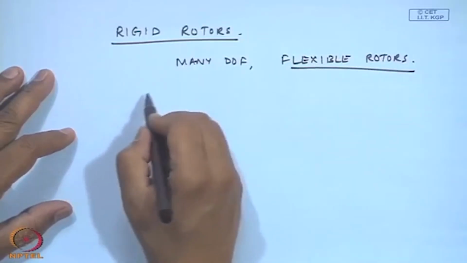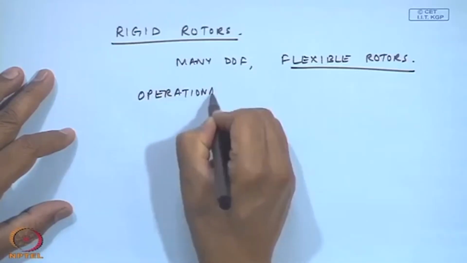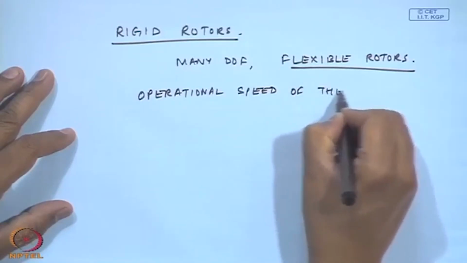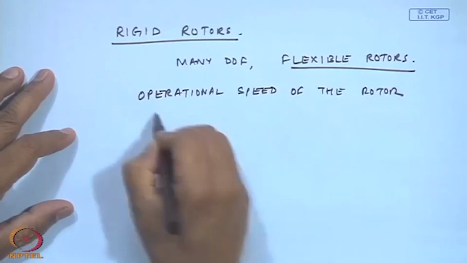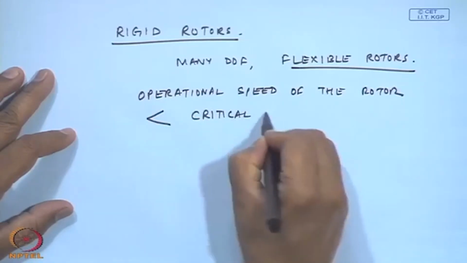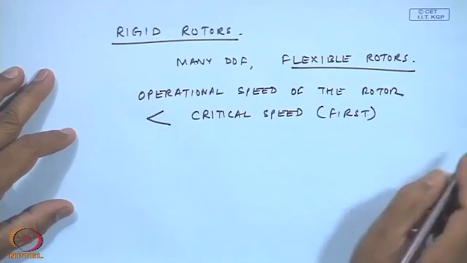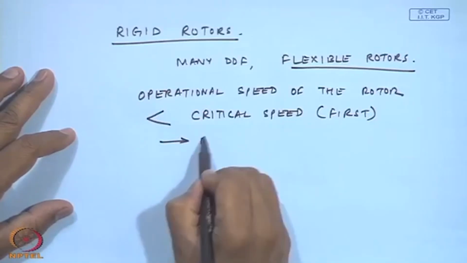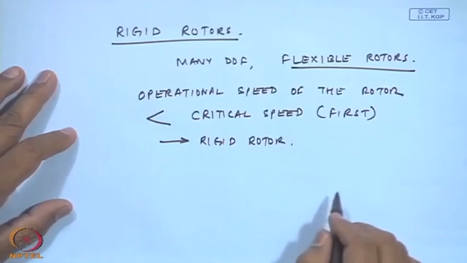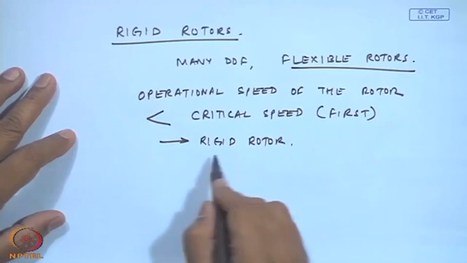But as long as the operational speed of the rotor is less than the critical speed, to begin with the first critical speed, I can consider it to be a rigid rotor, and balancing at one location, or putting a weight at one location, balances the shaft.